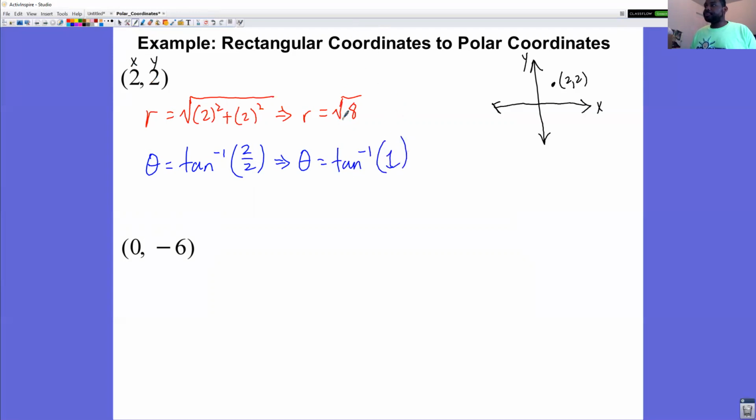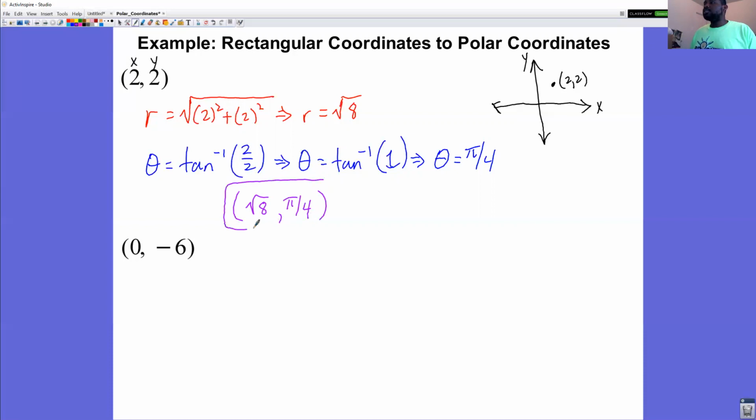So what we want to do is find the angle on the unit circle between negative pi over 2 and pi over 2, because there is a domain restriction on that, such that my y and x divided gives me a tangent value of 1. And if you recall, that will give you theta equals pi over 4. So one set of polar coordinates for (2, 2) is square root of 8, pi over 4.